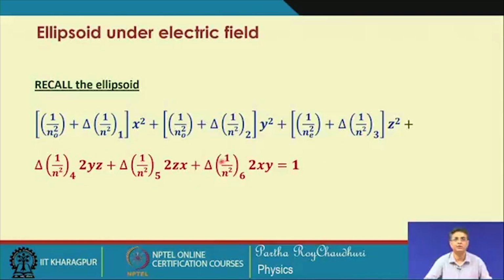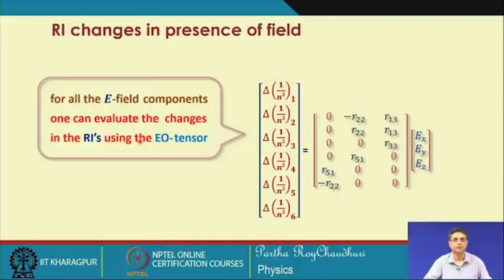Now, we will see, depending on the applied voltage, how these impermeability changes come into the equation, and which of the elements come into the equation. If I look at this equation, you have, considering all the 3 fields Ex, Ey and Ez, they are acting in mutually perpendicular directions.